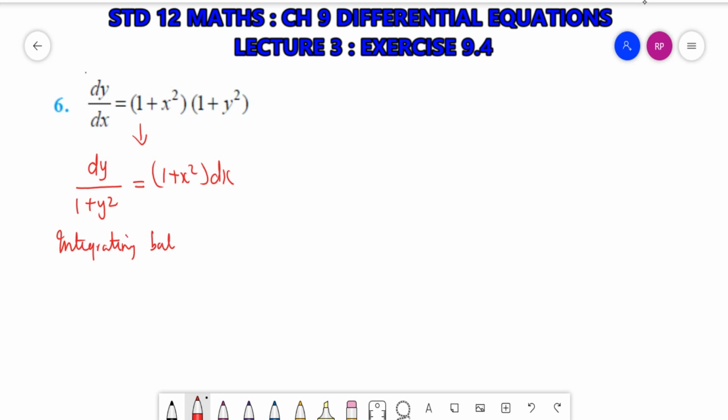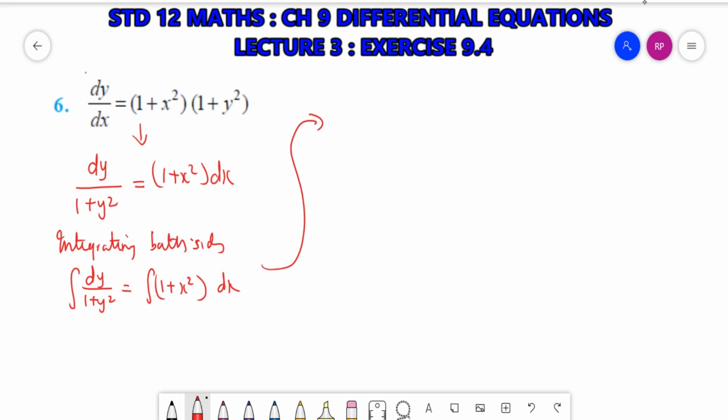Integrating both sides, I will get integration of dy upon 1 plus y square equal to integration of 1 plus x square dx.